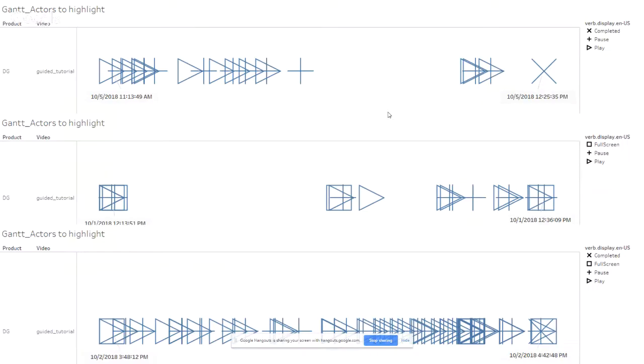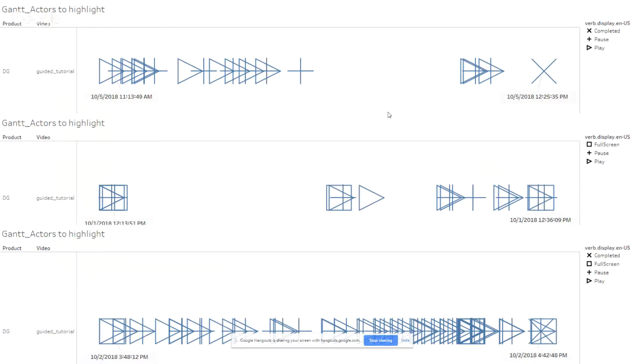Some of the results that we were able to get are things like this. What we've got here, we've got three individual actors, and they're actually going through the same video. But here are the interactions that are taking place.